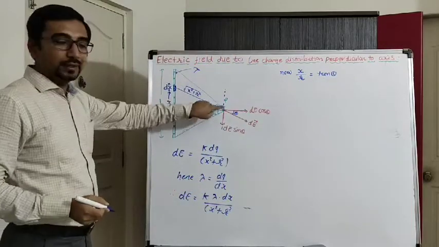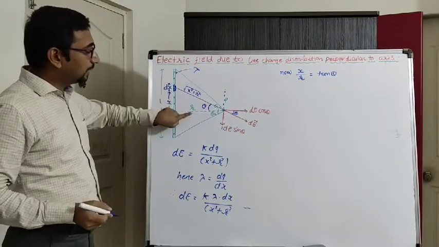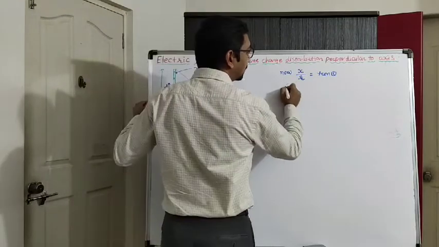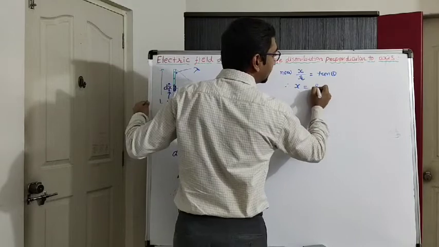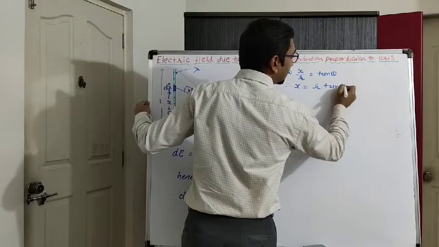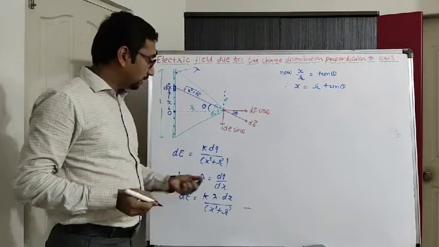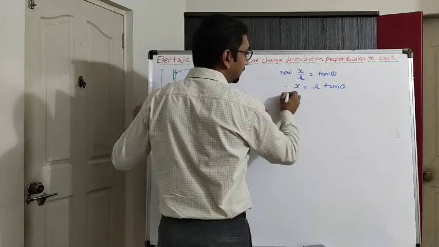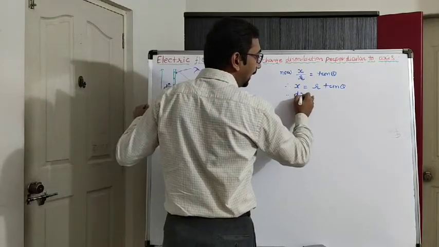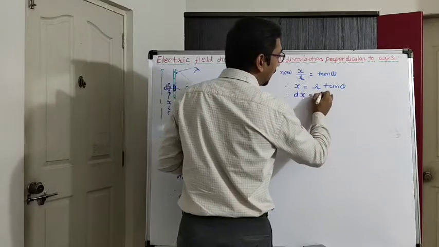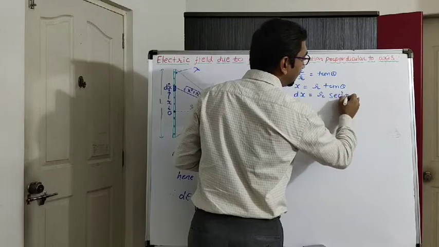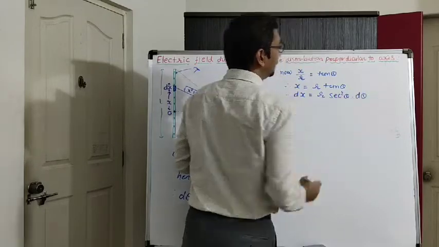In this particular triangle, opposite side upon adjacent side gives tan theta. So x is equal to r tan theta. Now we want the dx value, so if we differentiate this, then dx is equal to r, constant, times the differentiation of tan theta, which is sec square theta into d theta.